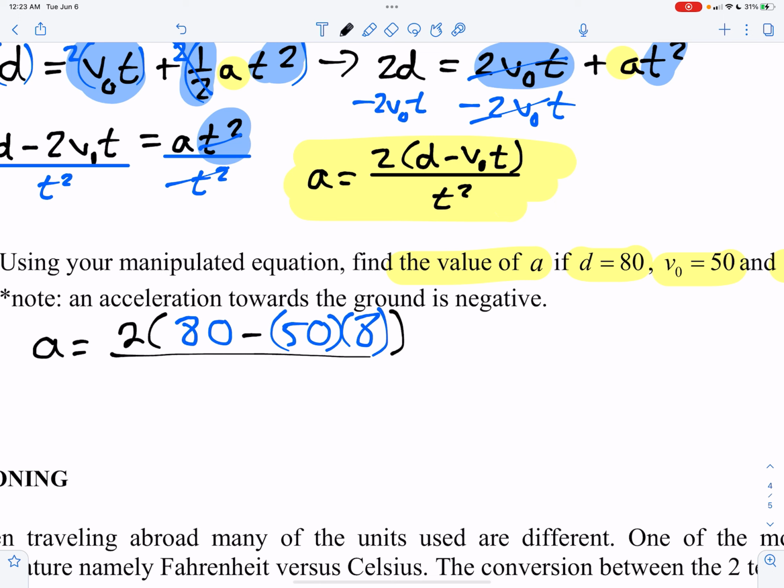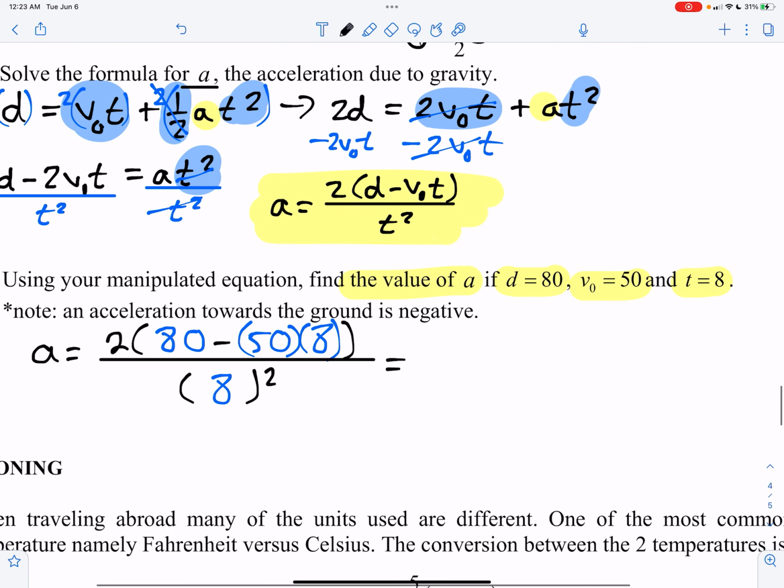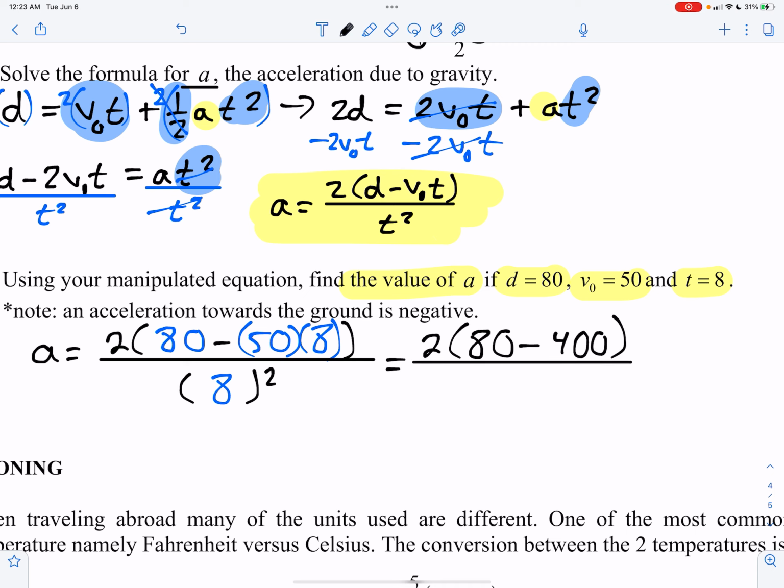And then we're going to divide this by T squared, which would be 8 squared. Okay, so evaluating this part here, we've got 2 times 80 minus, now 5 times 8 is 40, so 50 times 8 would be 400, over 64.